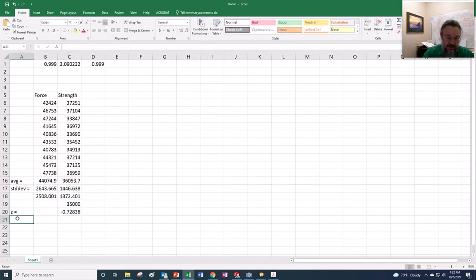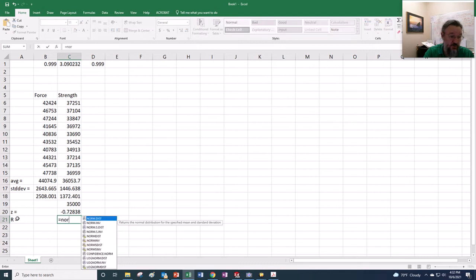But then I can get, now I want to say, I called it R, but maybe I'll go R. We'll call it R. Right, so the command that we want to use to get R is going to be equal to norm.s.inv. Right, and put that guy in there.